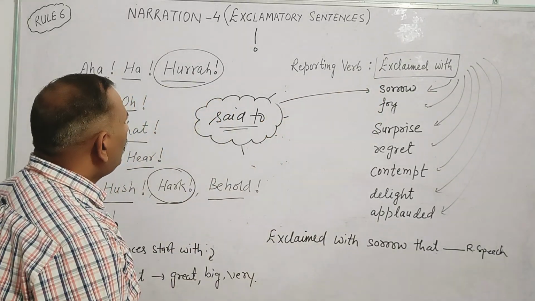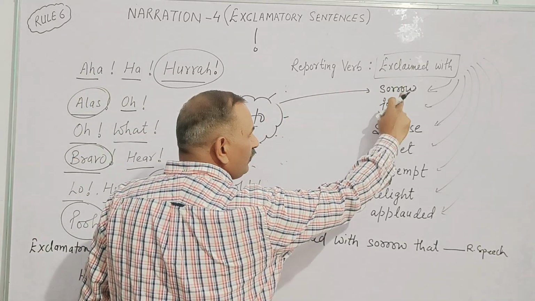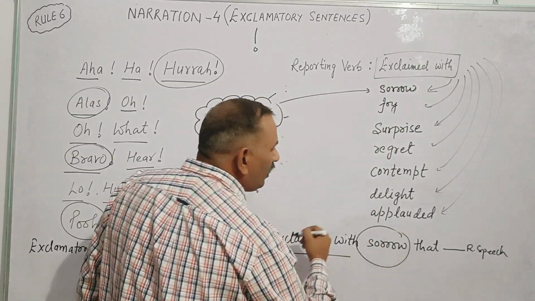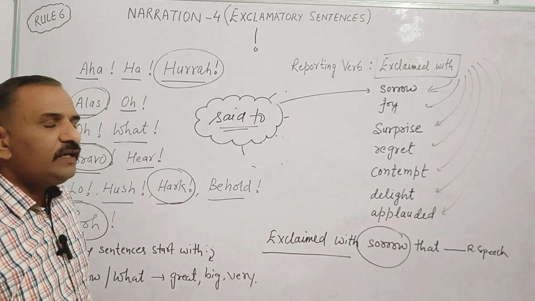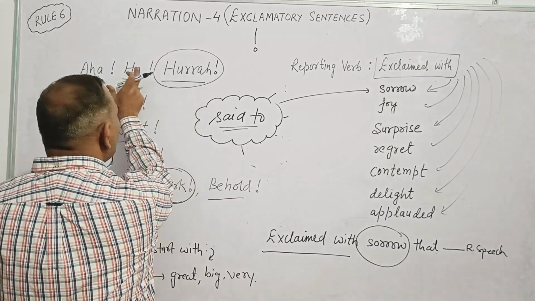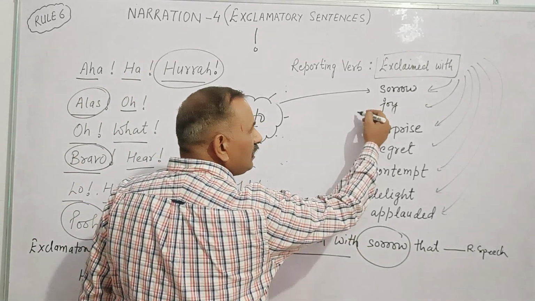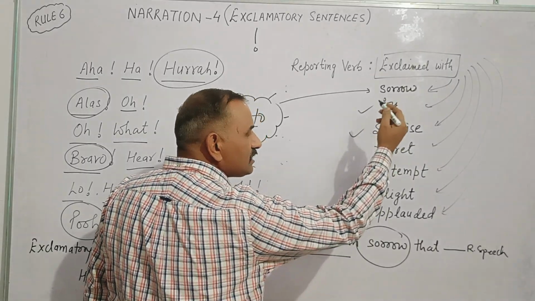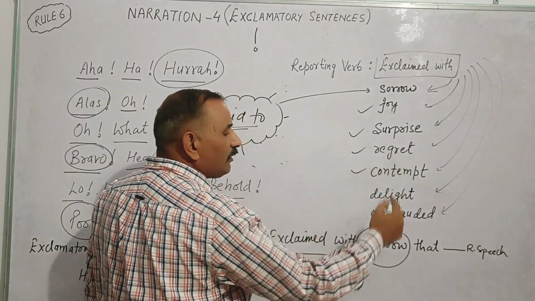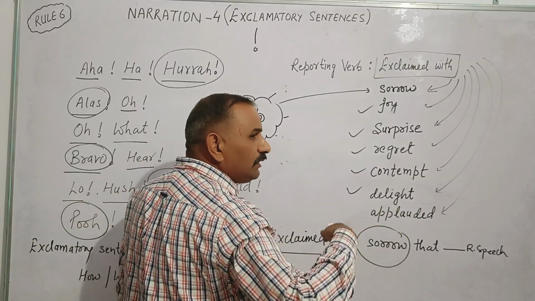After "exclaimed with", you will use a word or an adverb phrase in place of these exclamatory words. See: exclaimed with sorrow, exclaimed with joy, exclaimed with surprise, exclaimed with regret, exclaimed with contempt, exclaimed with delight, and applauded, saying. Okay?